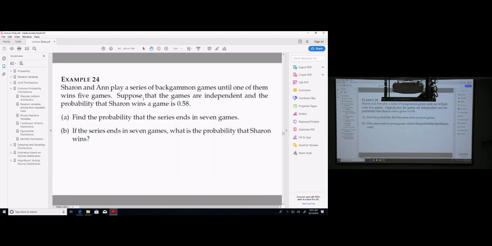Okay. Sharon and Anne play a series of backgammon games until one of them wins 5 games. Suppose the games are independent, and the probability that Sharon wins a game is 0.5. Okay, so they are not fixing how many games, but they have to play 5 to get 5.